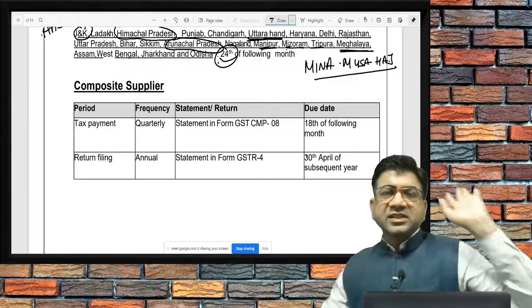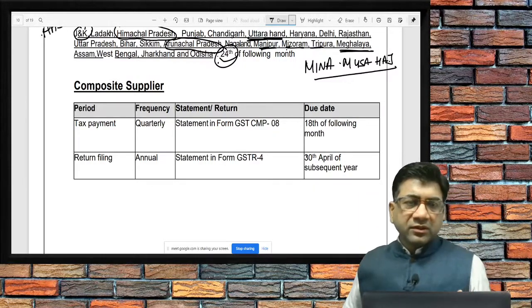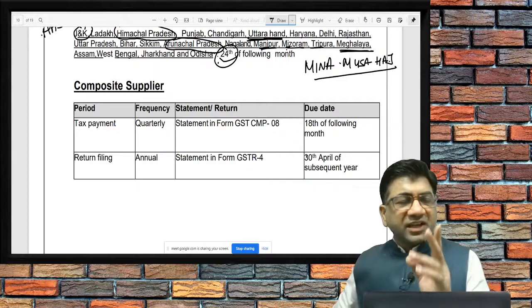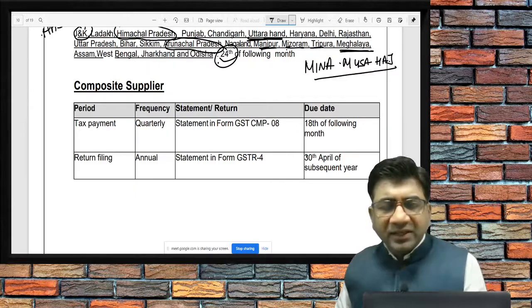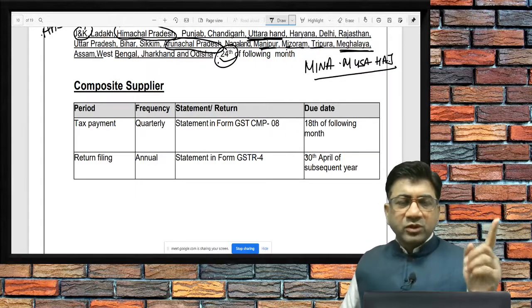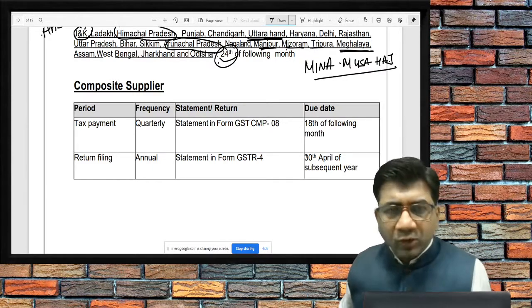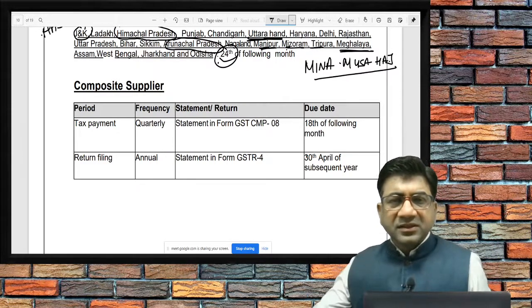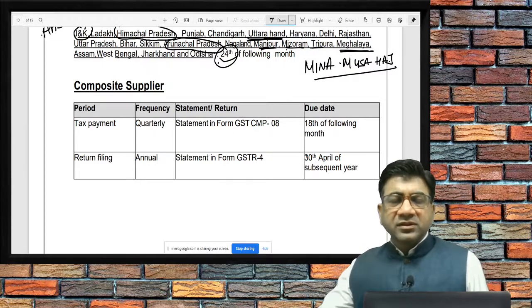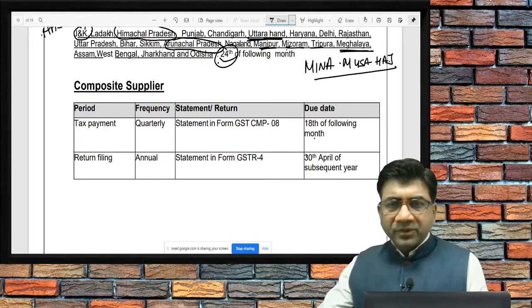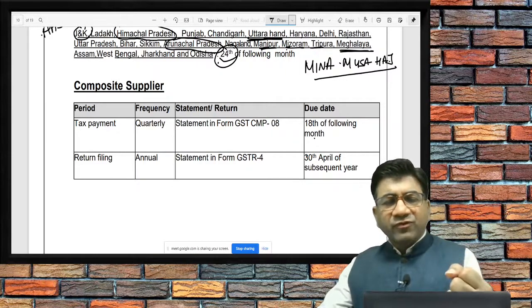Only this one person is allowed to pay quarterly, on the 18th of the following month. Even if your GSTR 1 is quarterly in case of 1.5 crores, you have to pay taxes monthly.